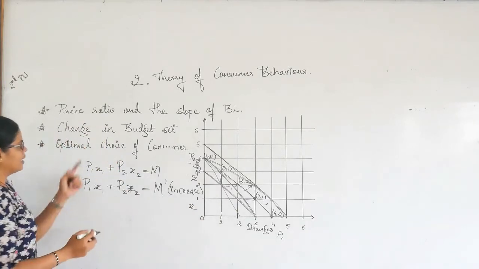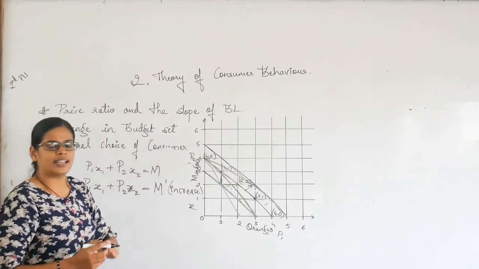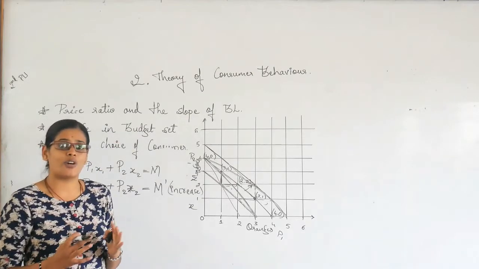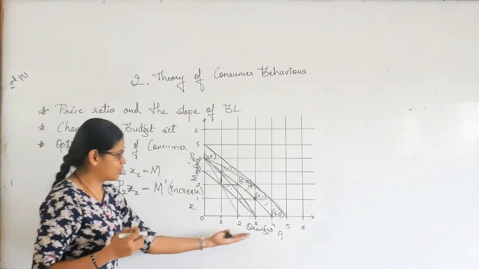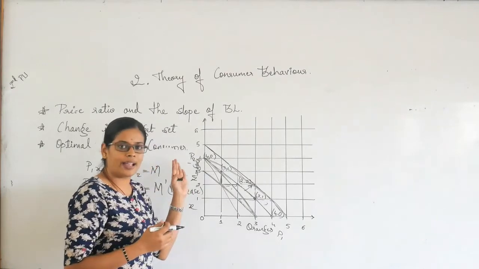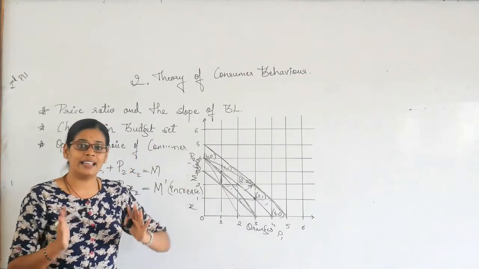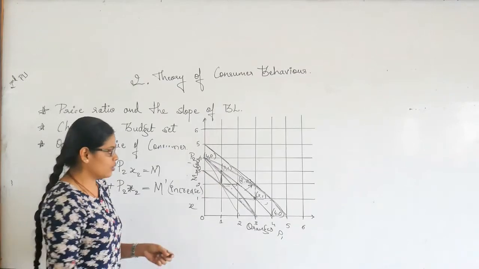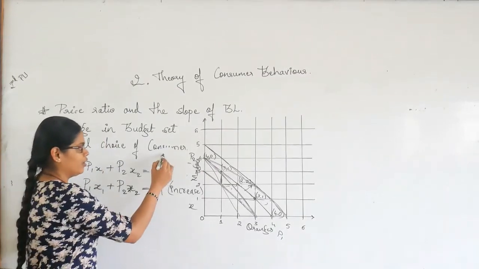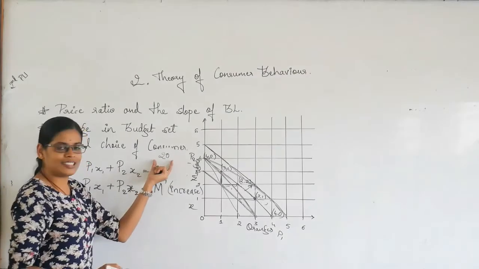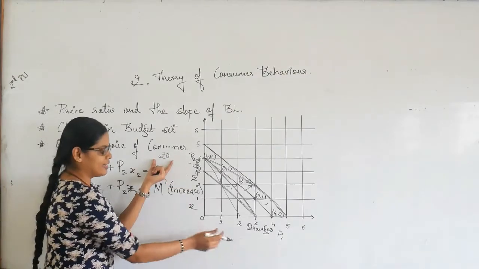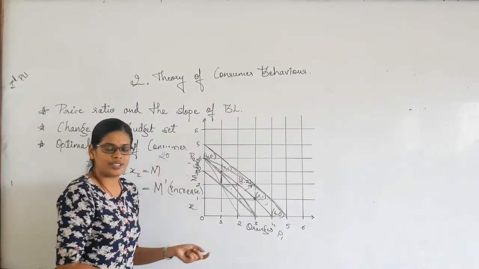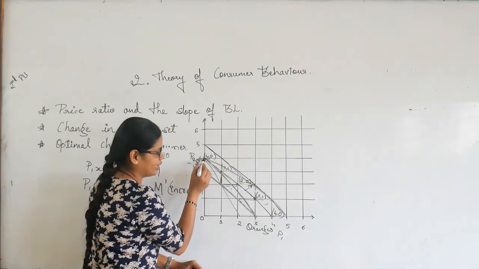Next is the change in the budget set when we change the prices of the goods, oranges or mangoes, keeping in mind that the income of the consumer is fixed. So we have discussed, keeping 20 as a fixed income and increasing the price of the oranges, you can see the shift in the budget line.